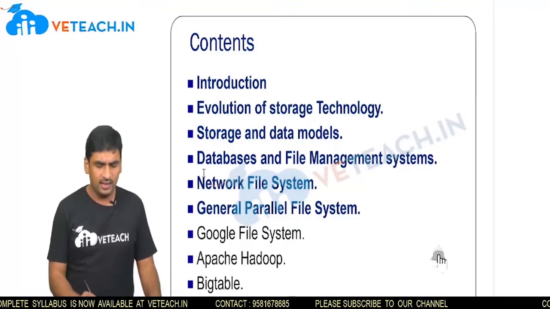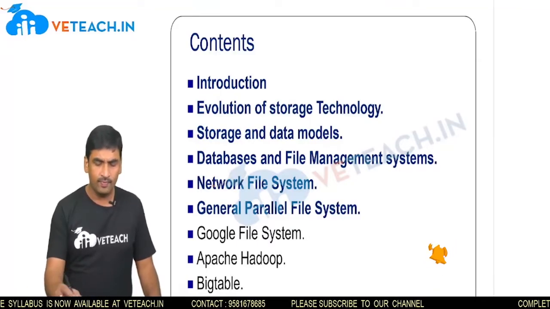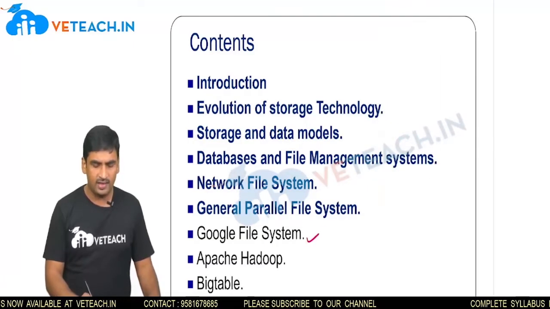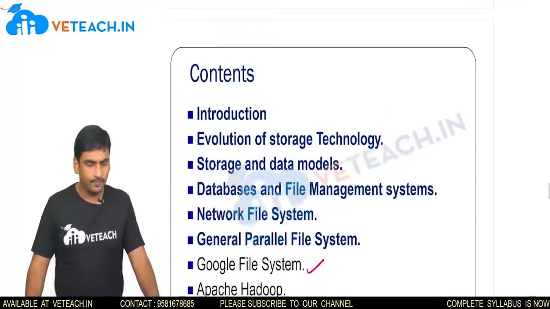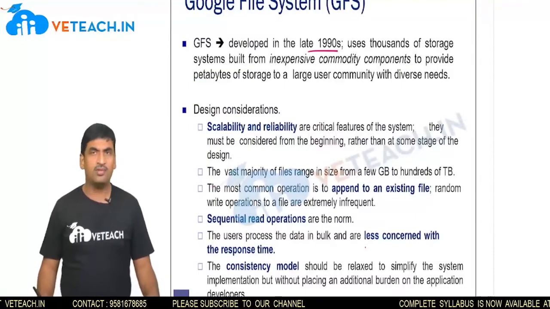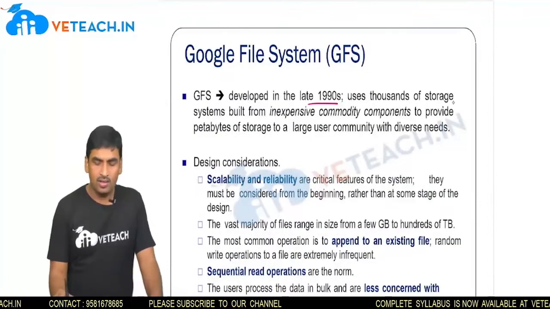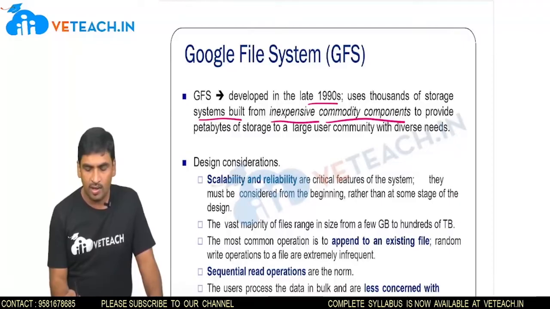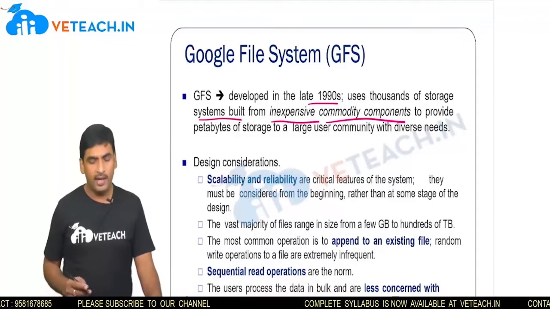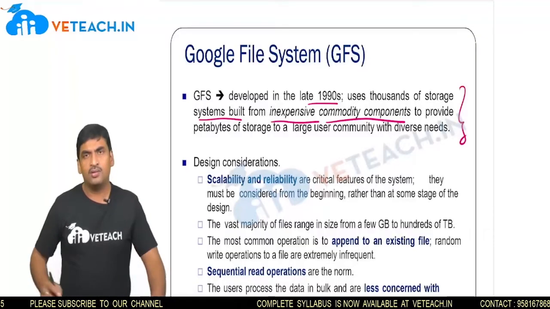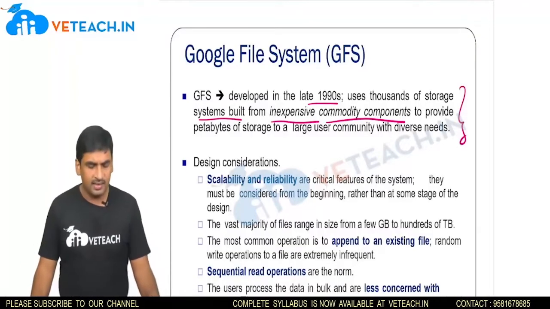Till the previous slide, we have talked about general parallel file systems. Now we will see the design principles behind the Google File System, and its architecture. GFS, which was developed in the late 1990s, used thousands of storage systems built from inexpensive commodity components, providing petabytes of storage to serve a large user community with diverse needs.